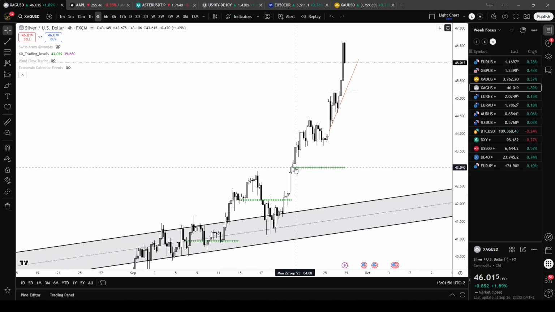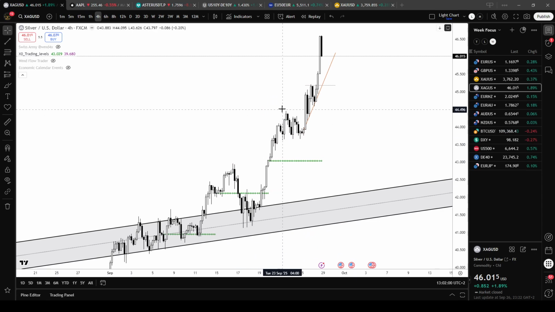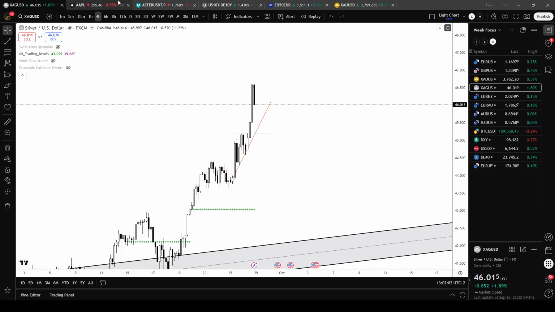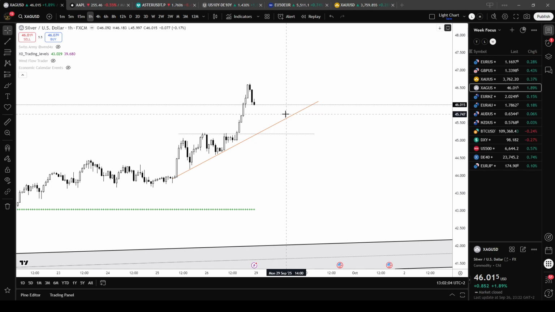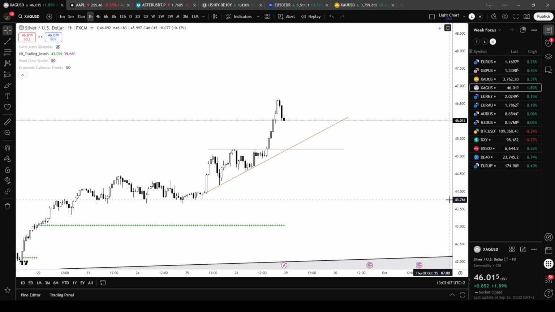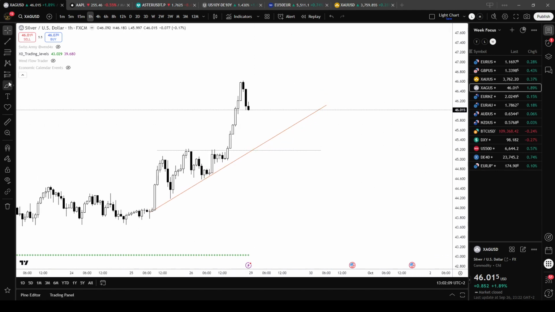But you see here, a very similar thing happened on silver. Just drive off the weekly open, and now it's really strong, even stronger than gold has been. And still, we have this trend line here, and this consolidation.